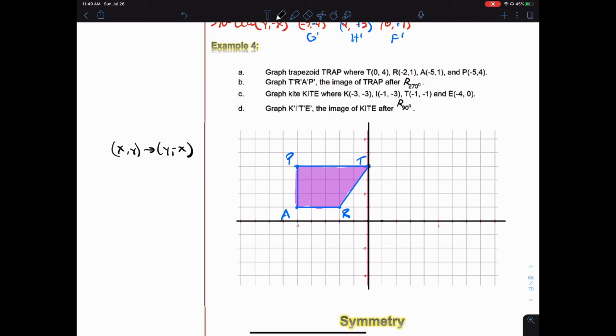So 0, 4 becomes 4, 0. So right here is T prime. Negative 2, 1 becomes 1, 2. This would be R prime.